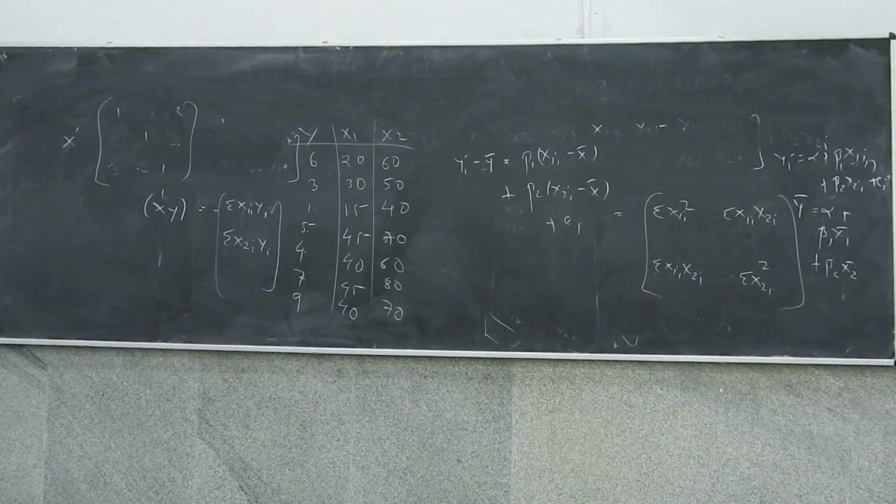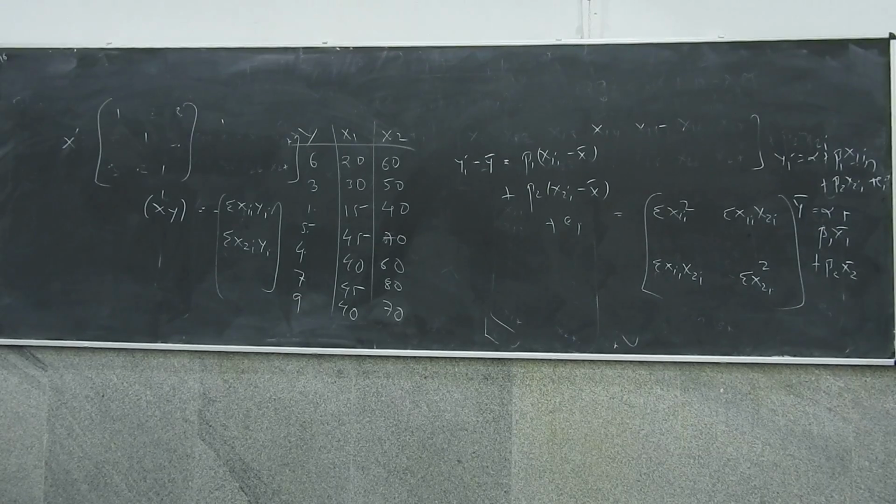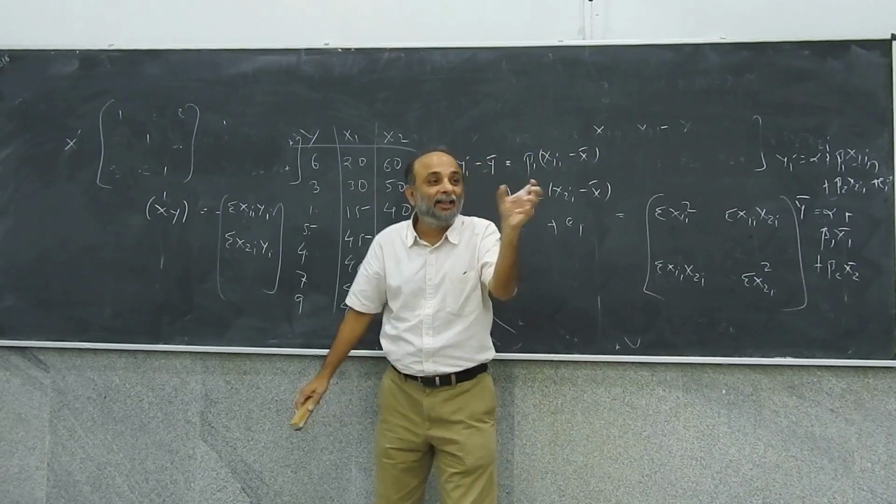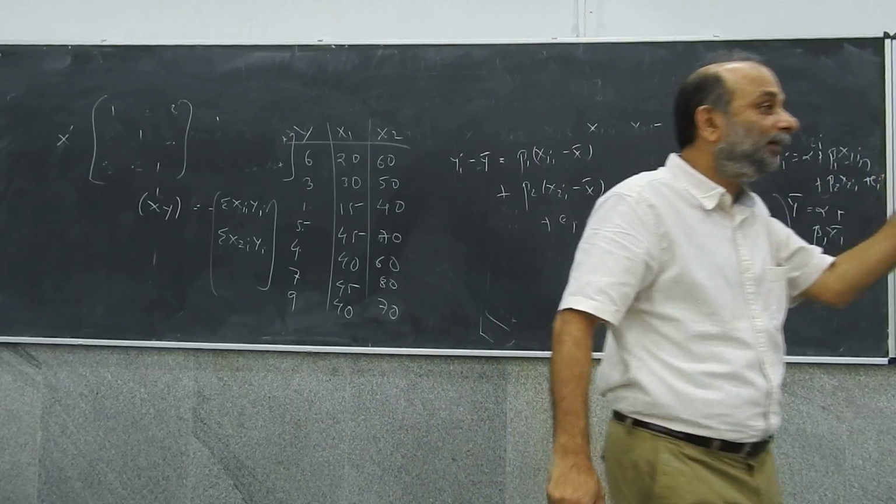So when I have a model without an intercept, you can very well think of these quantities as nothing but deviations from the mean.